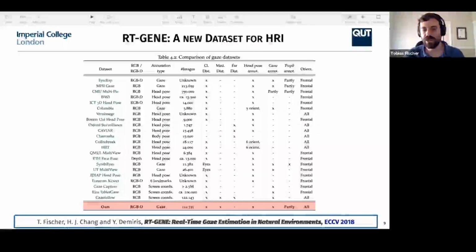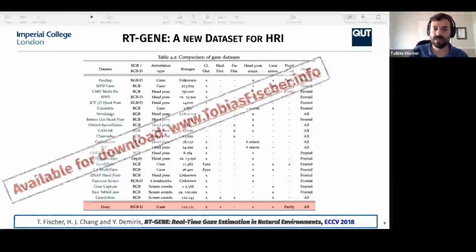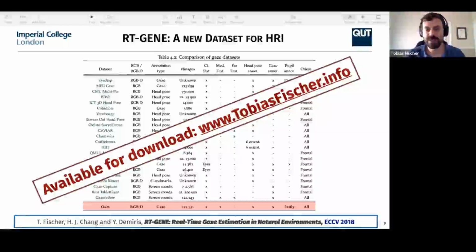It's really the only data set which provides you with head pose annotation and eye gaze annotation in those kinds of settings. And if you're interested in applying this technique, it's available for download. There's a package available. You can download the data set as well as the pre-trained model, and you can run it really, really easily on just an image.